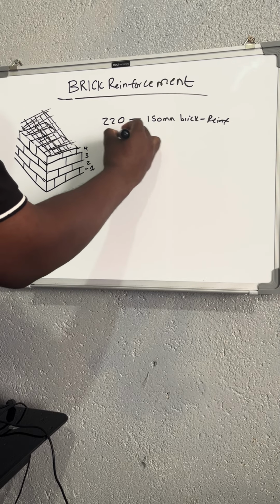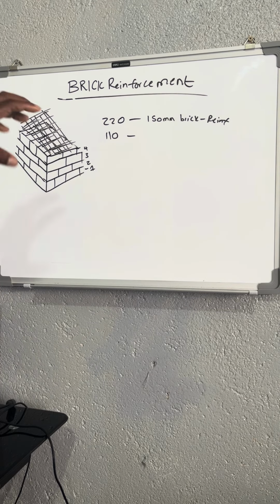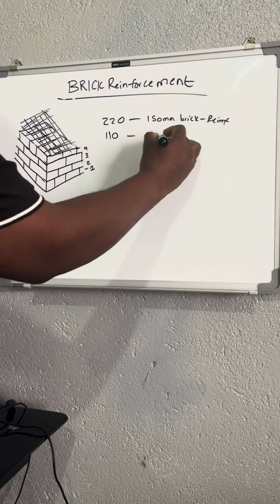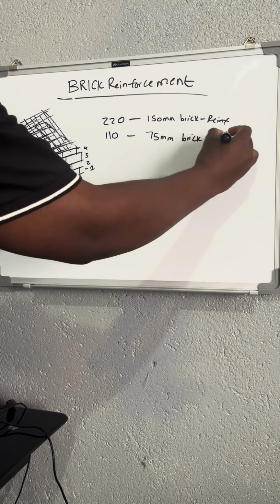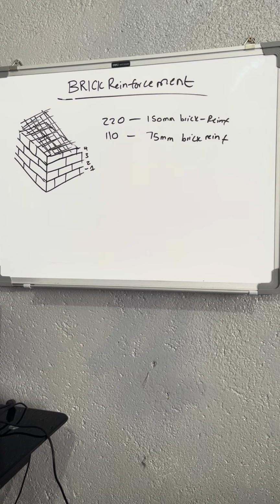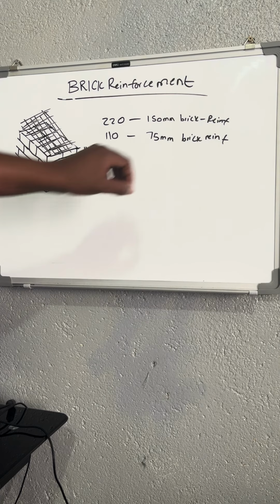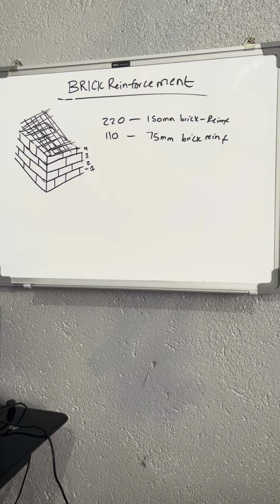If you are working on your 110 millimeter brickwork, you are going to use your 75 millimeter brick reinforcement. So mainly that's how it works. If you are on a construction site working with the 220 millimeter brickwork, you are required to use the 150 millimeter brick reinforcement. Then with the 110, it's your 75.